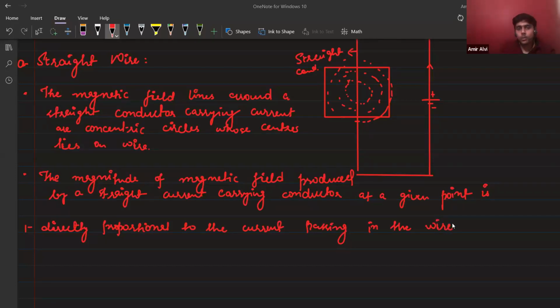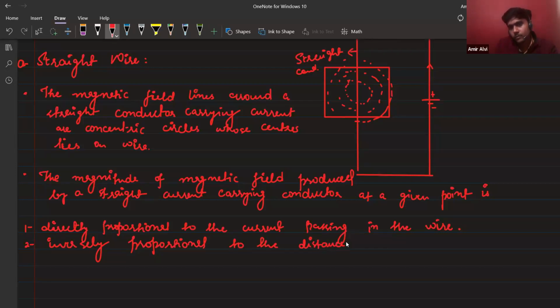Second, it is inversely proportional to the distance of that point.